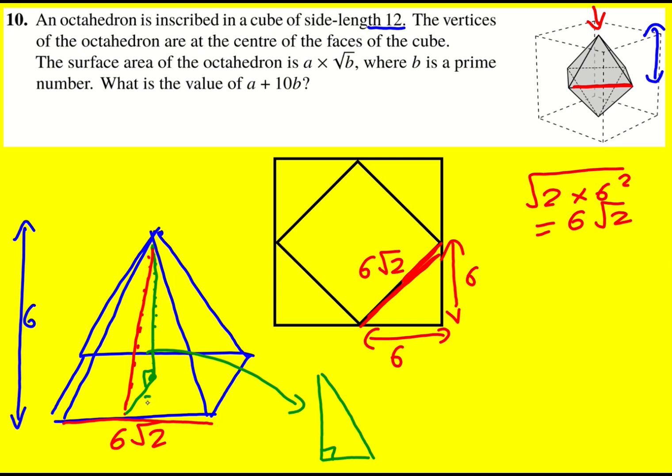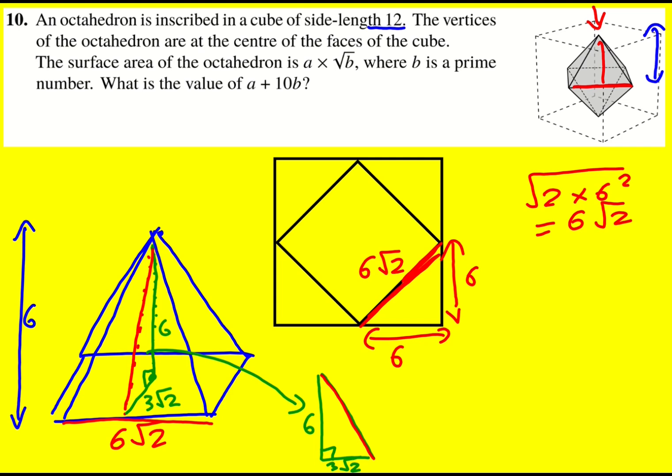And what I'm going to have is 3 root 2 here, because it's just half of the 6 root 2. I've got my height of 6. That is that one there. So I just need to work out this red length, because that is basically the height of any one triangle.